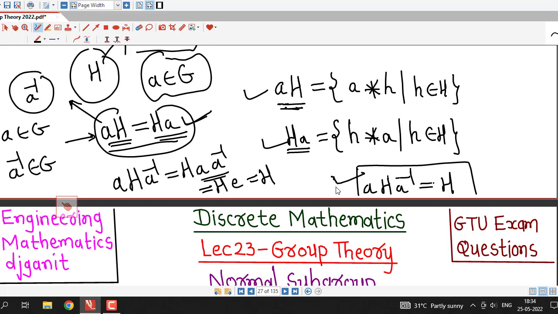This we have obtained by multiplying by a inverse on the right side. If we multiply this equation by a inverse on the left side, then we will obtain this equality a inverse Ha equal to H.